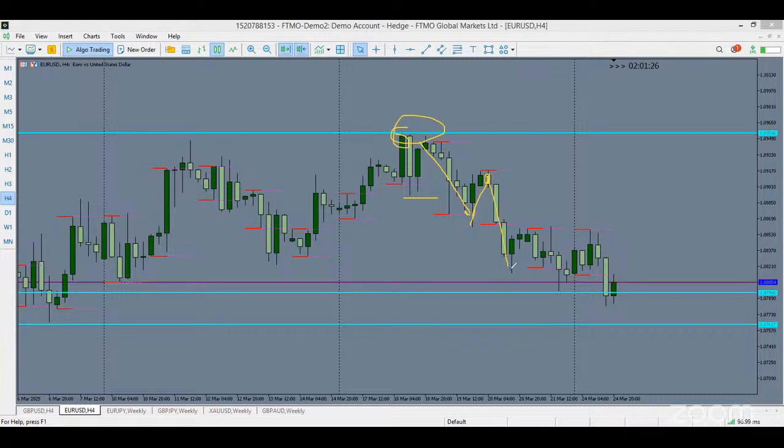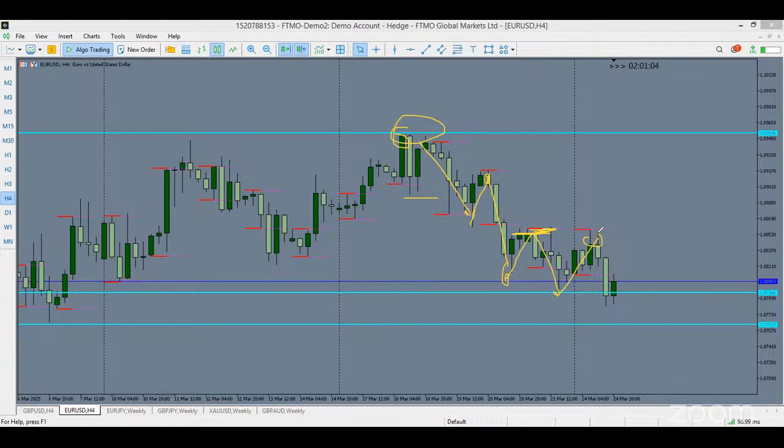From this lower high, what do you expect next? A lower low. From this lower low, what do you expect? A lower high. From this lower high here, what do you expect? Lower low. So just follow your structure. Just follow the process that you have put down. Follow your trade plan.